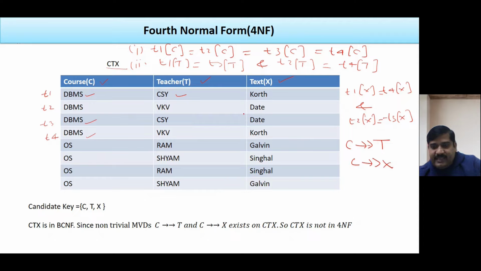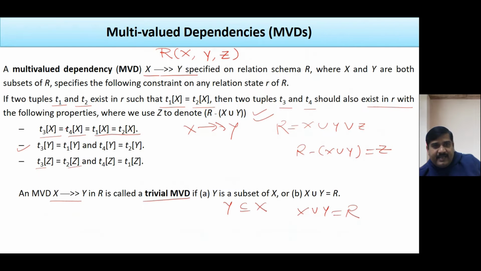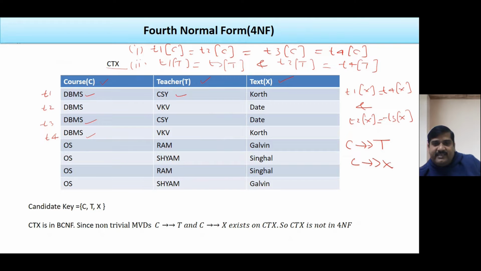And see here, T1 of C equals T2 of C equals T3 of C equals T4 of C. Similarly, T3 of Y equals T1 of Y and T4 of Y equals T2 of Y, and T3 of Z equals T2 of Z and T4 of Z equals T1 of Z. So here all these three conditions are satisfied and we can say that there exist multi-value dependencies: C multi-value determines T and C multi-value determines X.